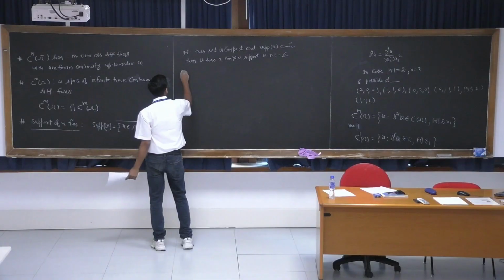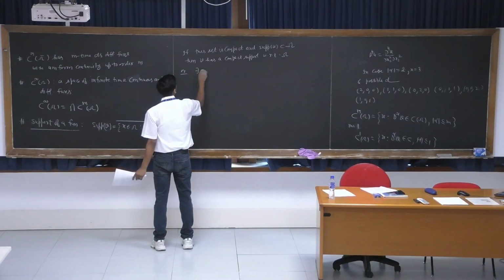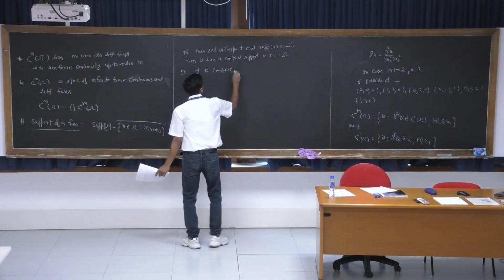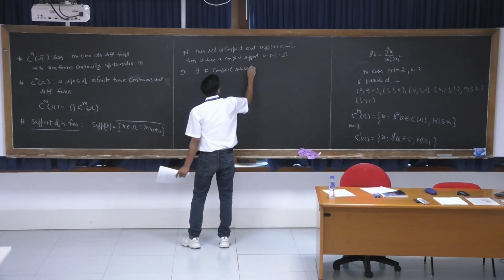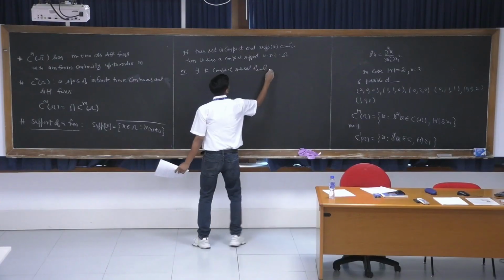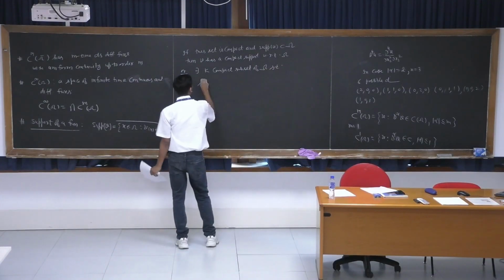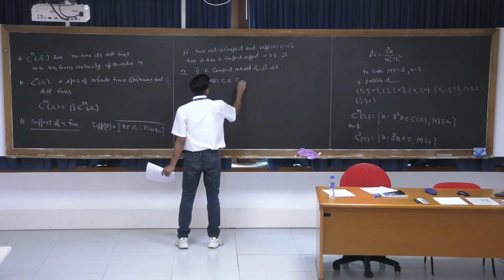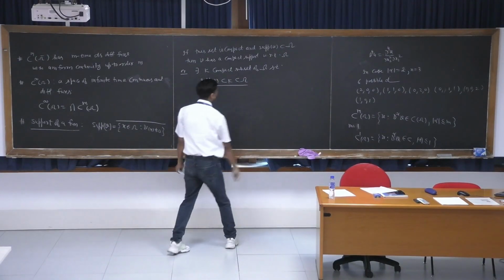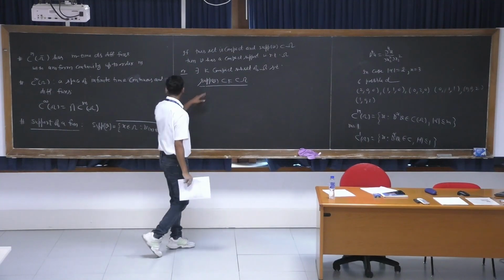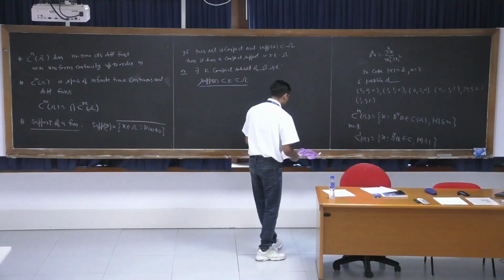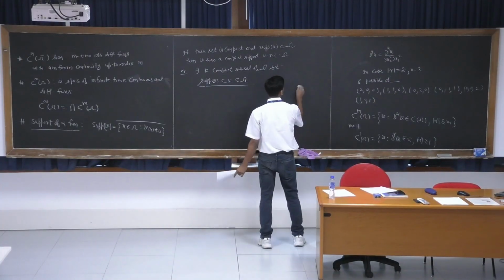Or you can define it in another way: there exists a compact set K, a compact subset of omega, such that the support of V is contained in K, contained in omega. So we can say that this support is compact. Okay, so there is a simple example of this type of function.